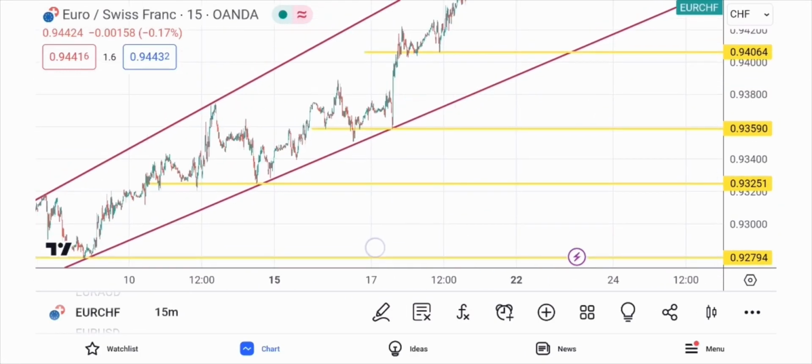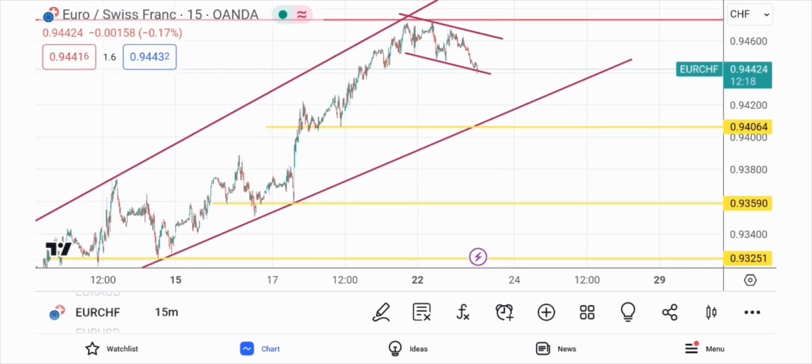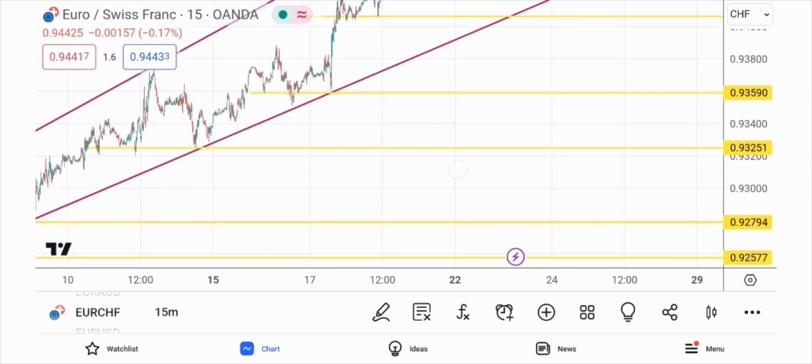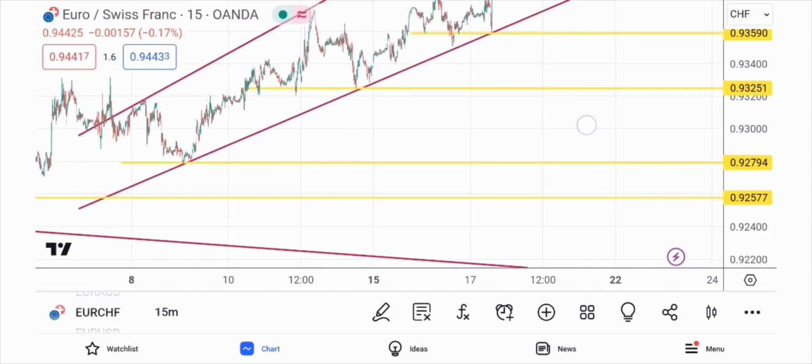Okay, now that we are done analyzing the market, I'm going to explain these yellow lines and their purpose, and our main target and the minor targets.